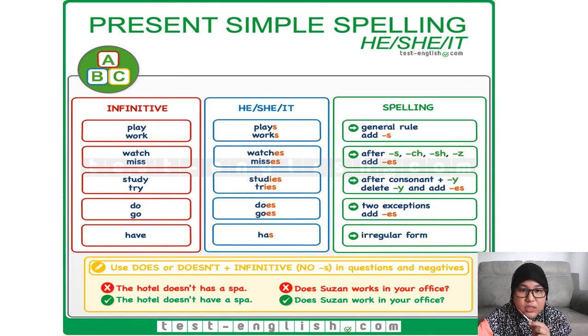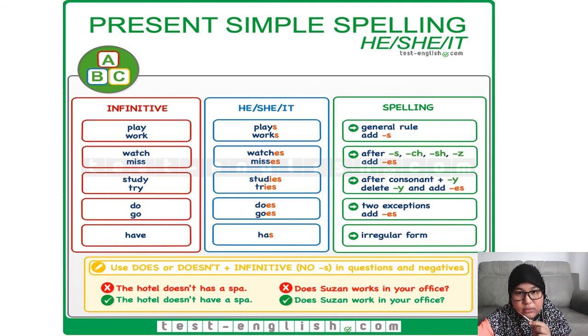For example, infinitive, if the word is play, work, it is a general rule, perkataan biasa. If he, she and it, this is for singular verb. Play becomes plays. Work becomes works. You just add s at the back. So the spelling rule is the general rule, add s.